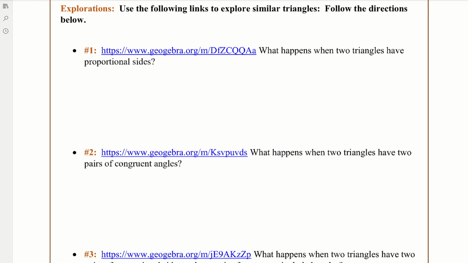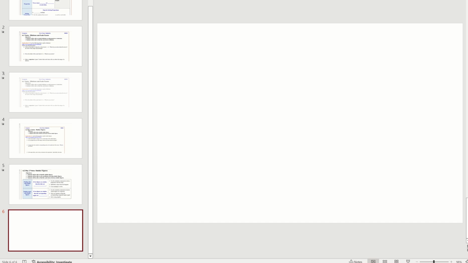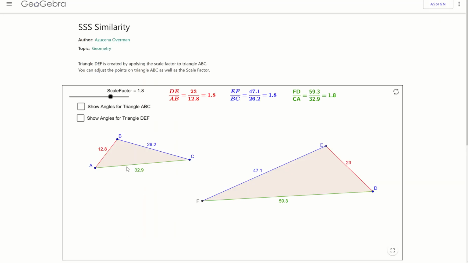We're going to use the following links to explore and follow directions. We're going to go to this link, and we're going to see what happens when 2 triangles have proportional sides.